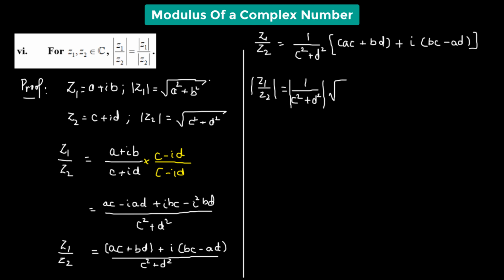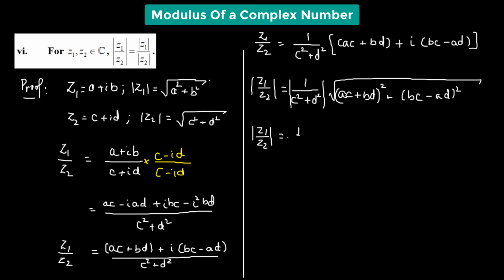And the absolute value of the complex number will then be the square root of (ac plus bd) squared plus (bc minus ad) squared. So the absolute value of z1 over z2 equals 1 over c squared plus d squared, which is always a positive number no matter what the values of c and d are, so we can write it without the absolute sign.